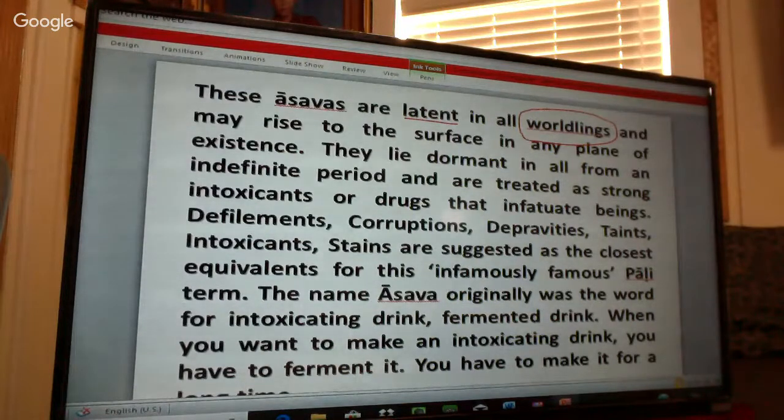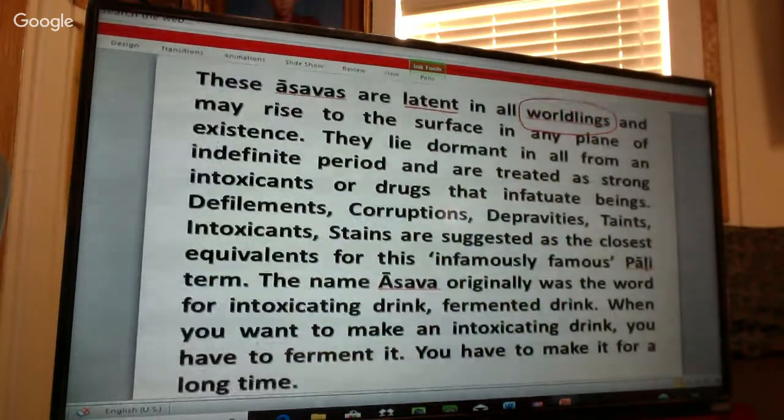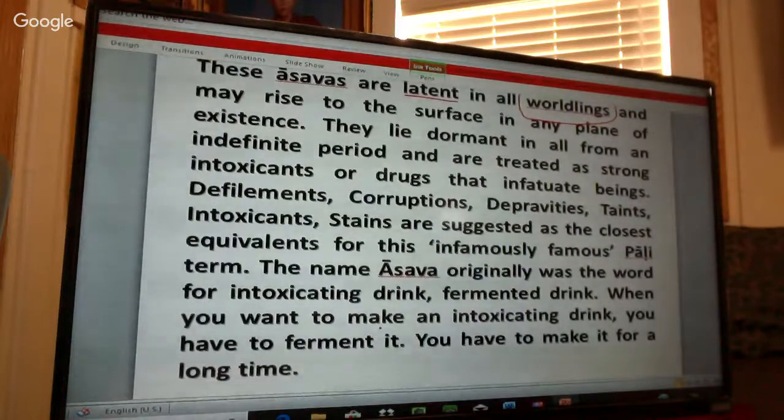The name asava originally, in Pali, was for an intoxicating and fermented drink. When you want to make an intoxicating drink, you have to ferment it for a long time, isn't it?